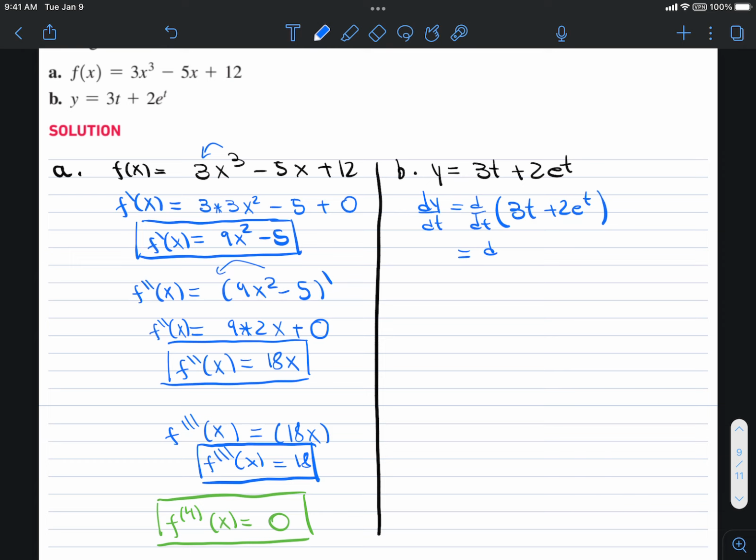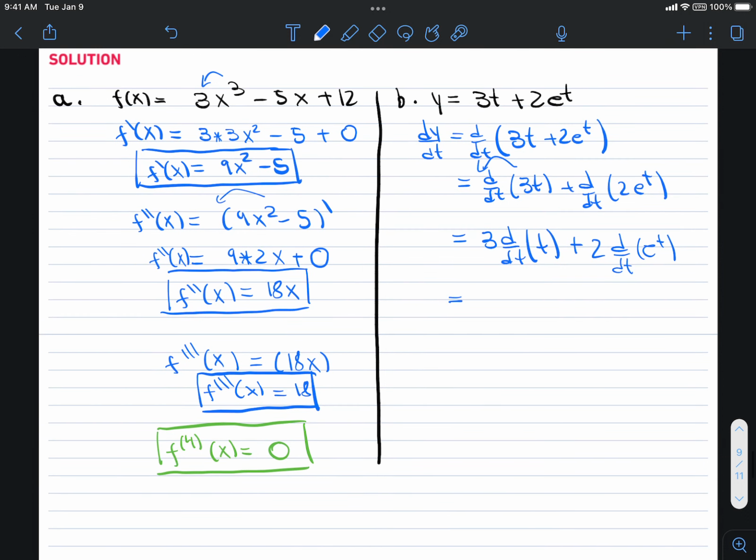So then I derive each of them separately, d/dt of 3t plus d/dt of 2e to the t. I'm being careful this time. You can pull the 3 out. That's d/dt of t, so the derivative of t. Same thing, I can pull the 2 out, of e to the t.